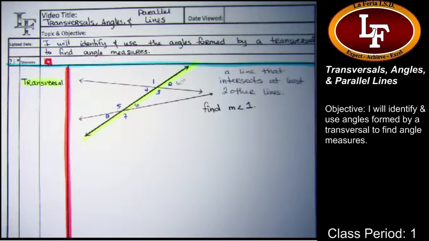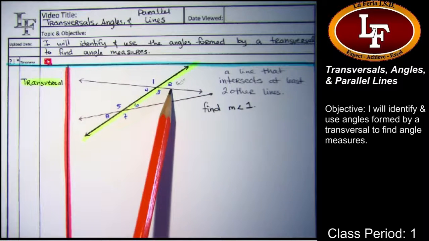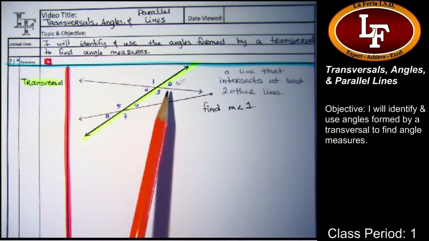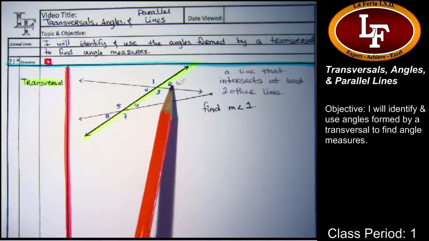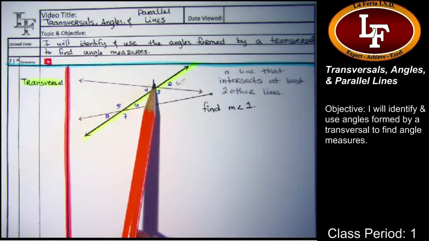Let me rephrase and repeat what he said so y'all can hear it again. Because angle 1 and angle 2 are a linear pair, they are supplementary. Their measures add to 180. Therefore, since angle 2 measures 60, 180 minus 60 is 120. That must be the measure of angle 1.